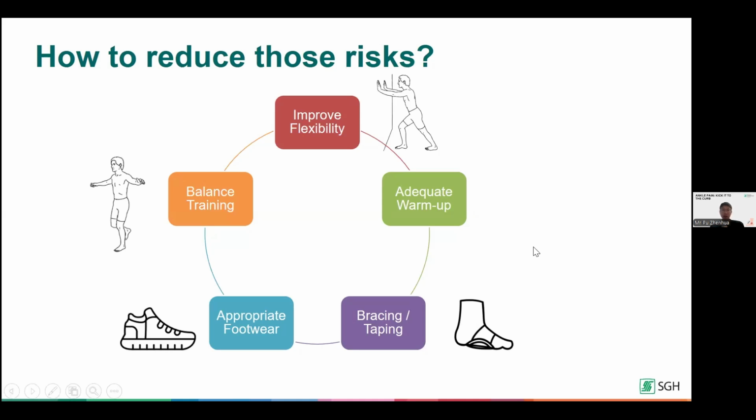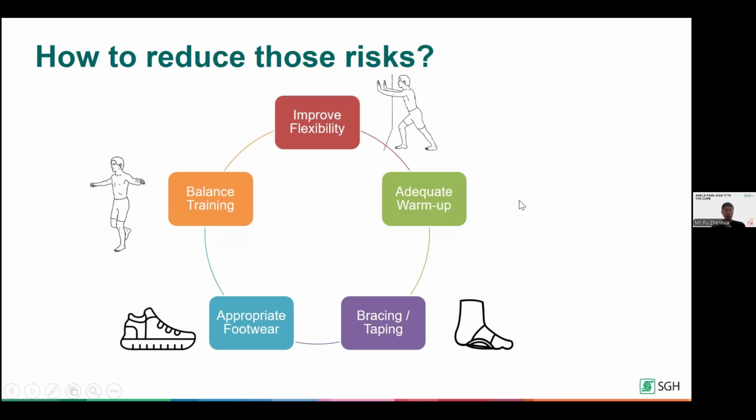And if you have a previous history of lateral ankle sprain, then it's better to have external support like a brace or taping to give extra support and stability for the foot and ankle. Appropriate footwear: definitely wear the right kind of shoes for the right kind of sport. For example, for badminton, you should wear badminton shoes instead of basketball shoes or running shoes.